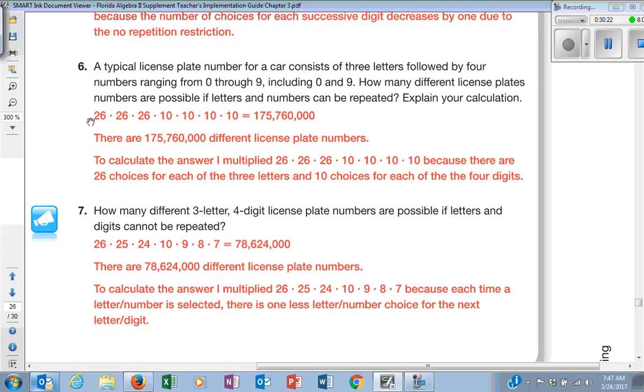For ours in Florida, from what I believe, we can have letters or numbers in any of the slots. You can have 36 different options for the first slot. Are we allowed to repeat? Yeah, absolutely. So you would have 36 times 36, and so on. Also you would have to account for the fact that license plates don't have to be 7 characters.